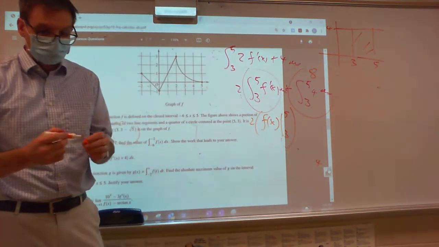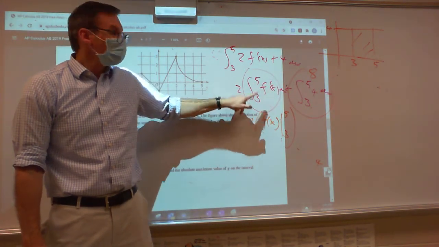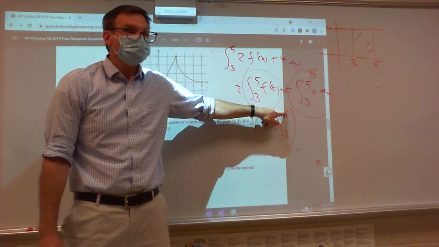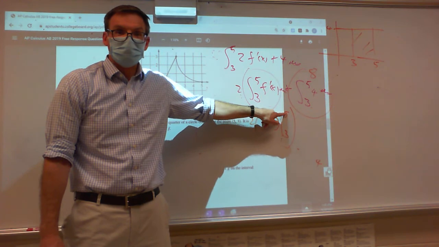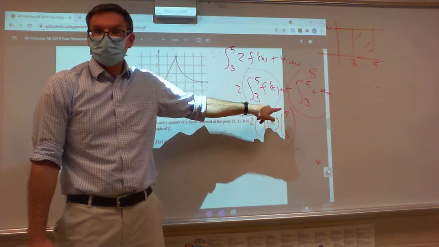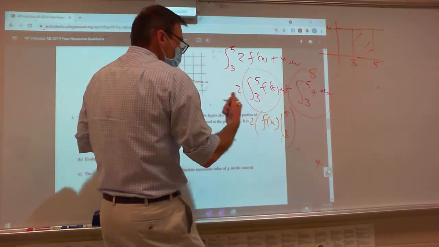Does everybody understand how I went from here to here? If you take the integral of f', you're going to get f, and I want to evaluate that from 3 to 5. Would that be the same as f(5) minus f(3)? That's exactly what it is. Does everybody understand that?